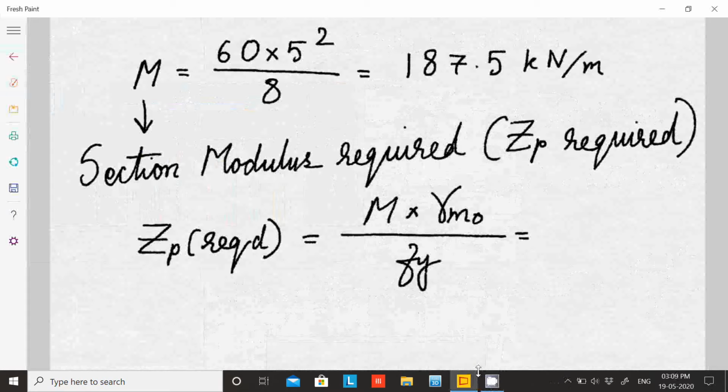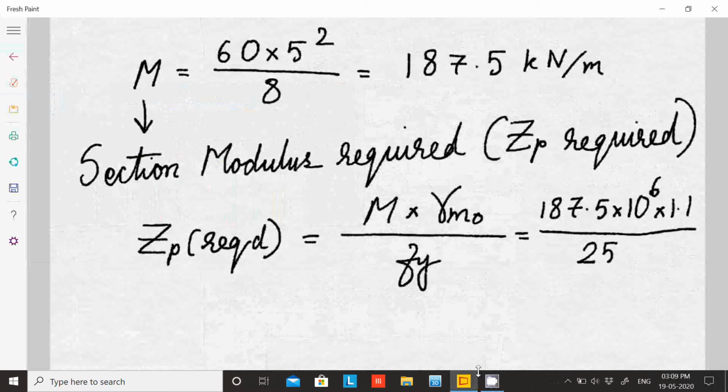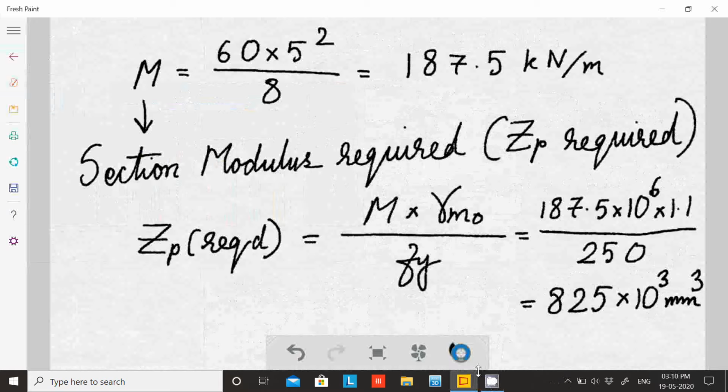So it will be 187.5, if I keep it in mm, into 10 to the power 6 into 1.1 by 250, which is equal to 825 into 10 cube mm cube. Okay, so in this way we have got the section modulus required.